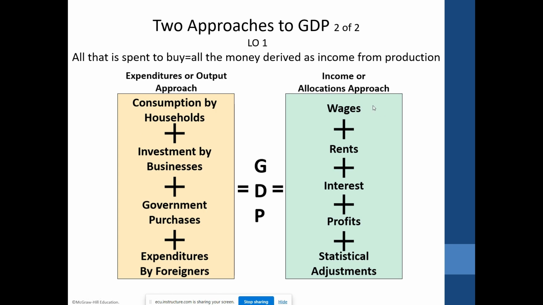On the right, the income approach uses different inputs. 1. Wages. 2. Rents. 3. Interest. 4. Profits. And 5. Statistical adjustments.